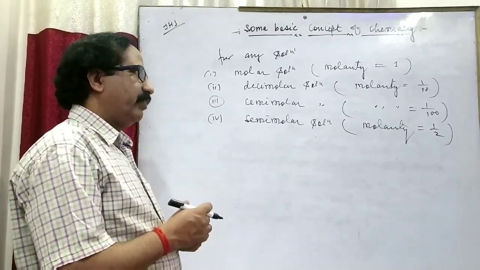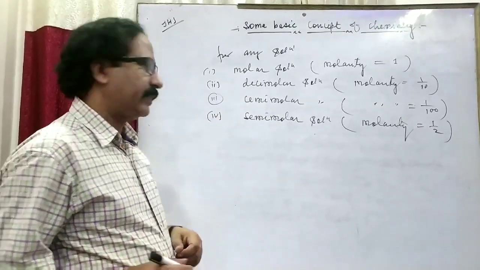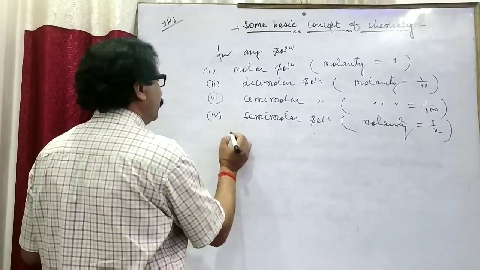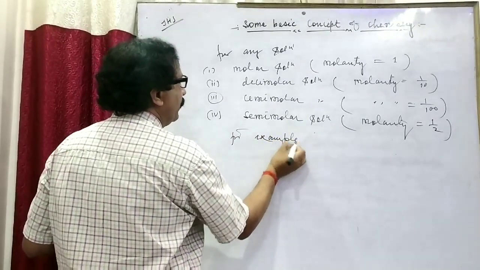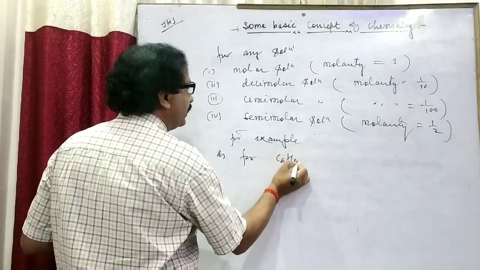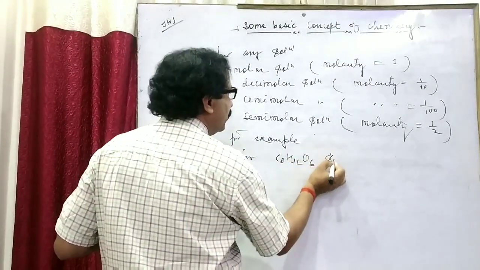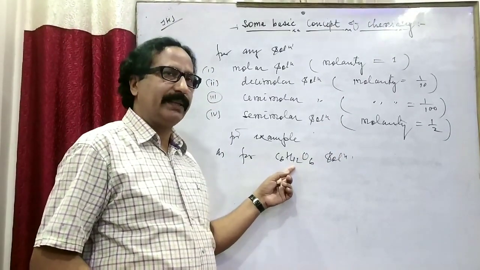Suppose we have to explain one of the numerical approaches related to this. For example, a C6H12O6 solution. Here the solution of glucose is given.